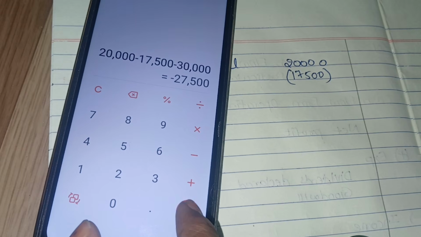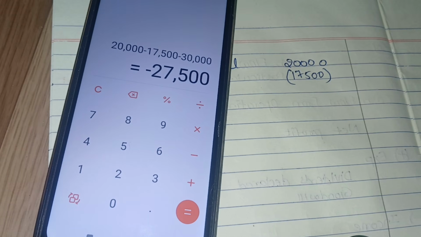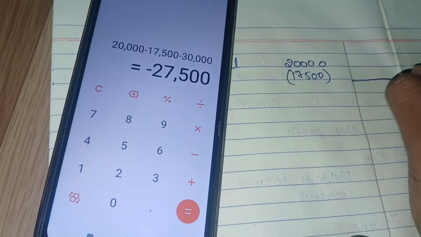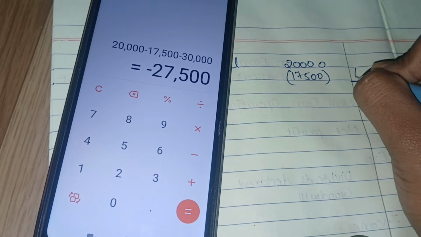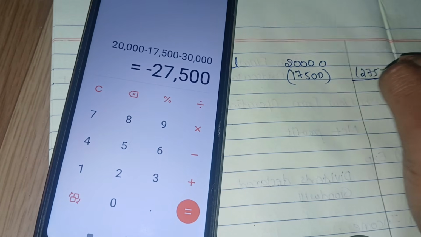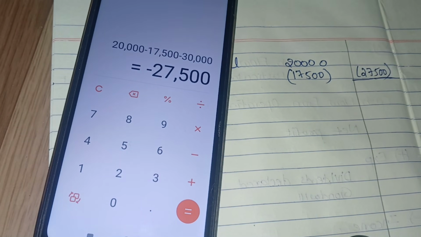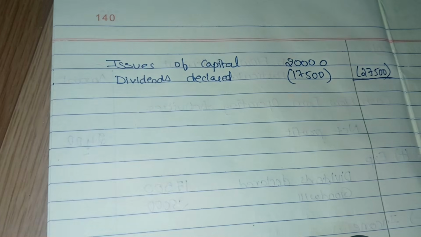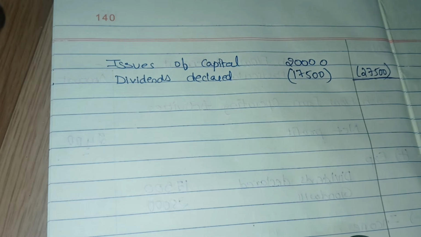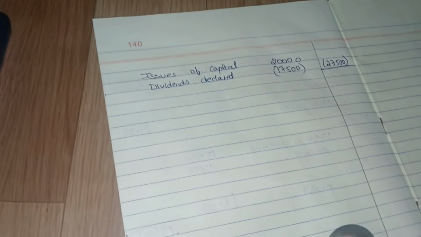So what is the amount? Minus 27,500. So this 27,500 we are getting is the net cash from the financing activities.